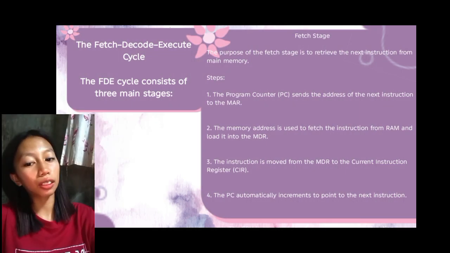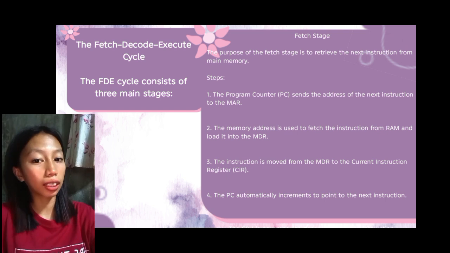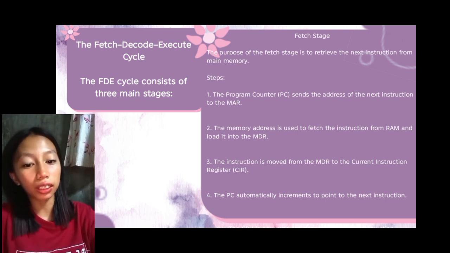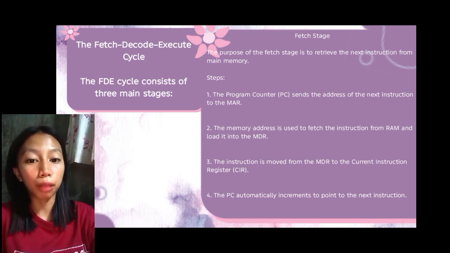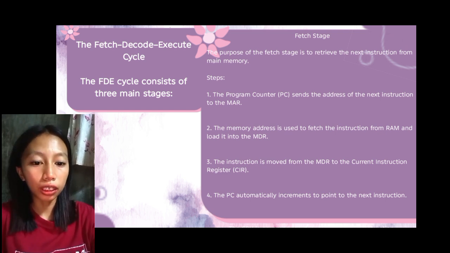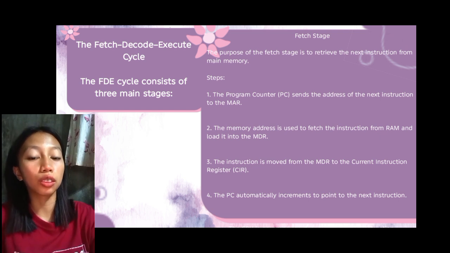The FDE cycle consists of three main stages. The first one is the fetch stage. The purpose of the fetch stage is to retrieve the next instruction from main memory. Steps. Number one, the program counter, PC, sends the address of the next instruction to the MAR.